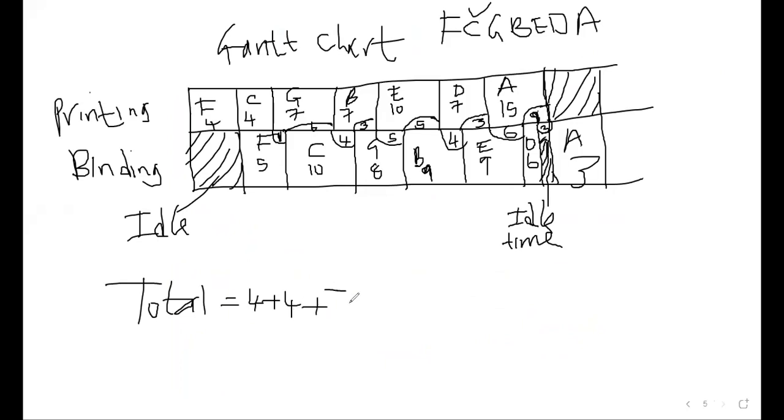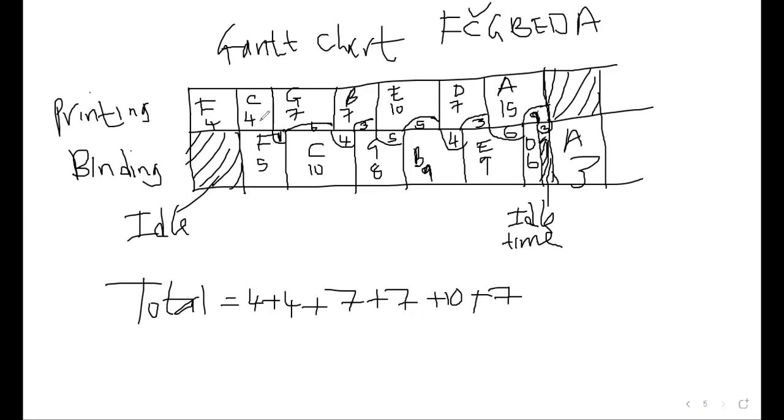You can either use the topmost aspect there, or the bottom, or the time taken for the people who are in binding and printing. They should wait for each other before they knock off. So you add all the times there.